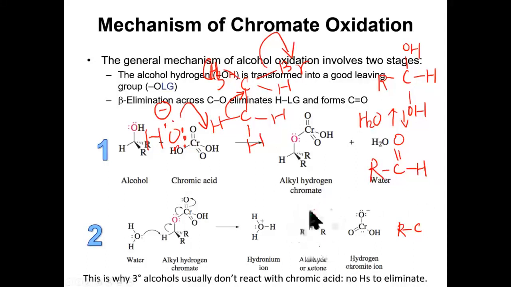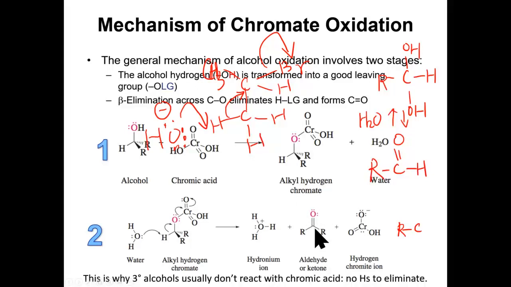But if you have a ketone, you no longer have a hydrogen connected to the carbonyl carbon, so you will not be able to undergo further elimination reaction, even if it reacts with chromic acid. So that's why a secondary alcohol oxidizes into a ketone and stays there.